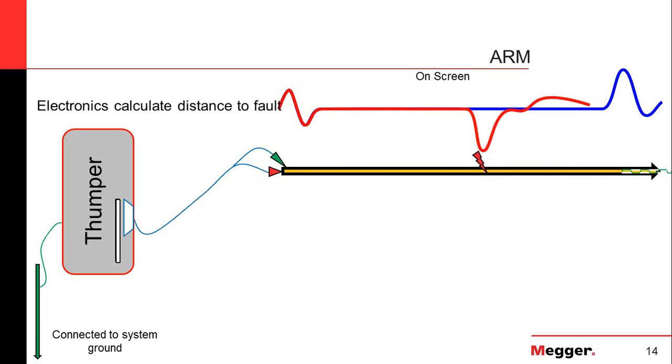Later on, we would turn the thumper into the cycle mode, where it would cycle in the direct thump mode and try to make acoustic energy there. This presentation is focusing mostly on the TDR, and we're talking about the arc reflection method, but there are other steps to actually pinpoint that fault, to put paint on the ground exactly where the fault is.